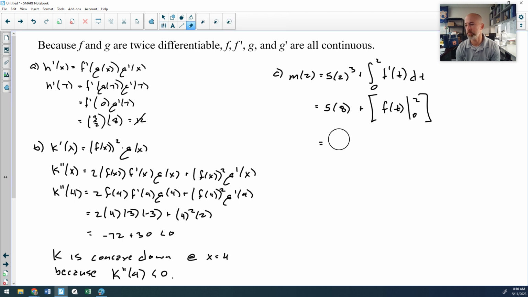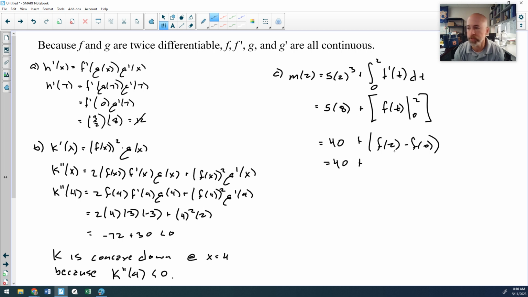I usually don't simplify, but I feel pretty confident that 5 times 8 is 40 today. Plus f of 2, plug in the upper limit, minus f of 0. So 40 plus f of 2, back to the table. F of 2 is 7, minus f of 0 is 10. And that would be, I believe, 37, but don't risk it.